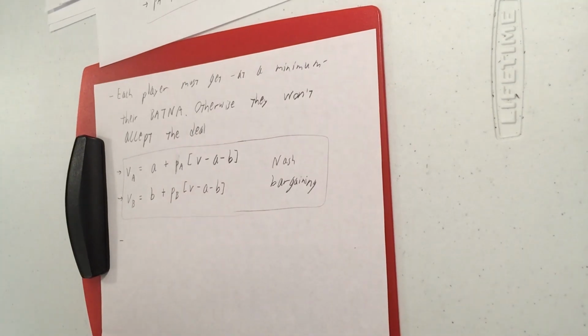So the most obvious solution, I think the one that Nash had in his original paper, was to set PA and PB equal to each other, appealing to symmetry.